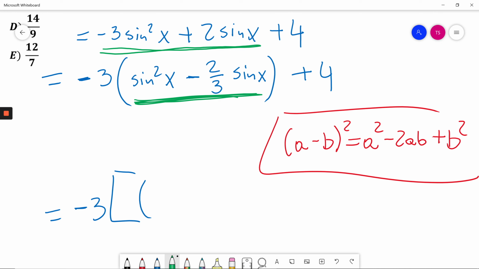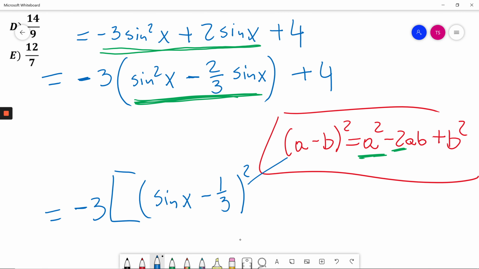So my a is sine x, because I have sine squared x. And my b will be 1/3, because I have 2/3. So I will write it as sine x minus 1/3 squared.